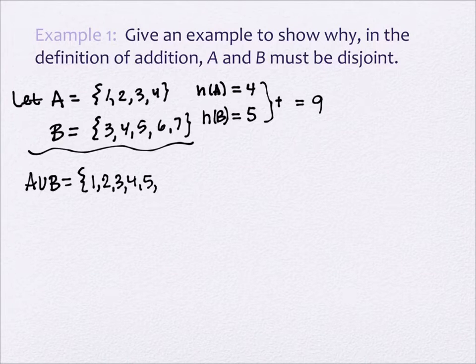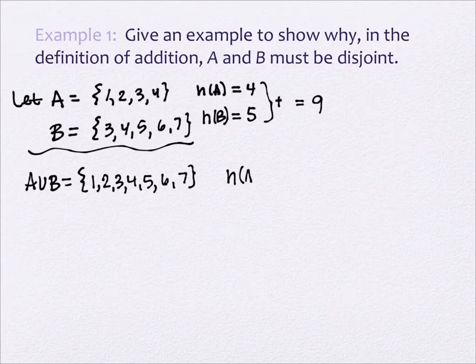7. And there's nothing super special about this example. Any example where they have overlapping values is going to work. Sometimes our examples need to be really specific to make something work. This is not one of those. They just have to overlap and it's going to fail.